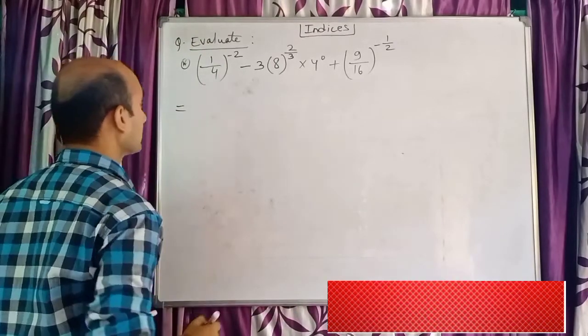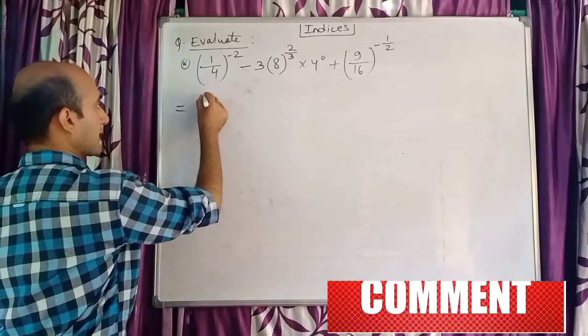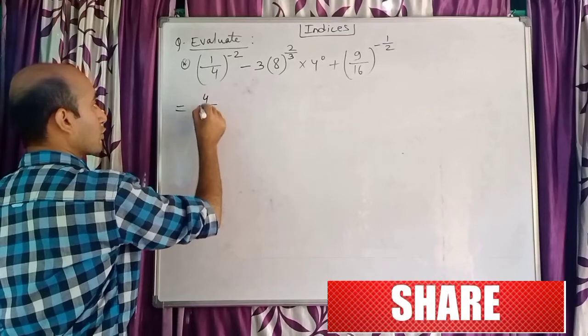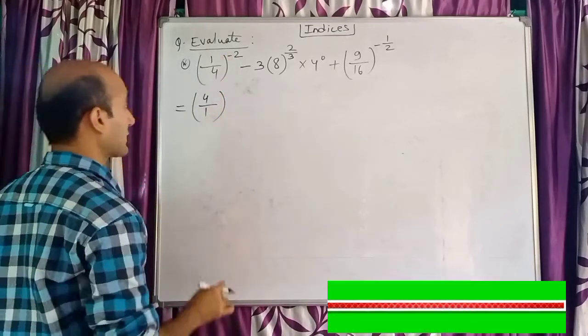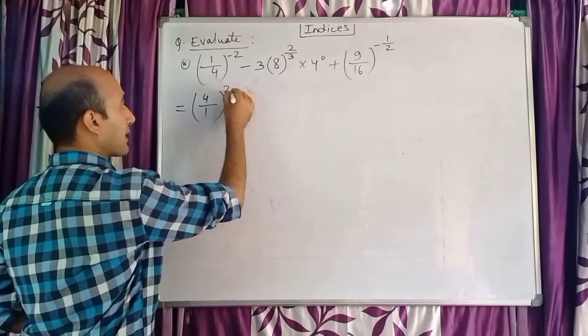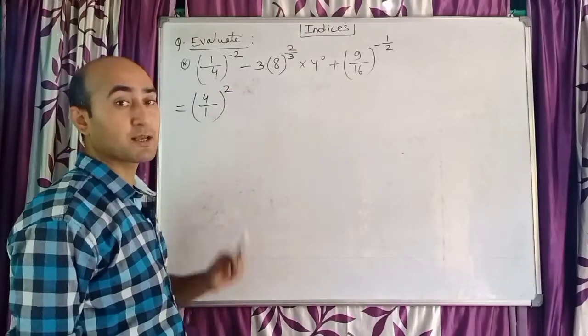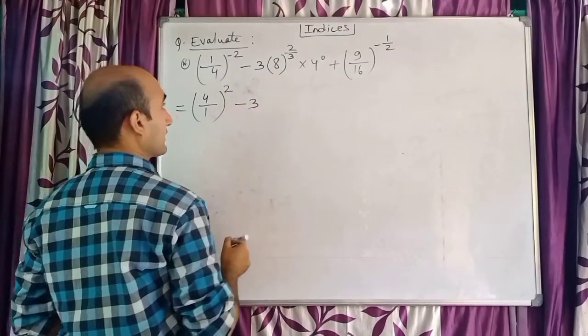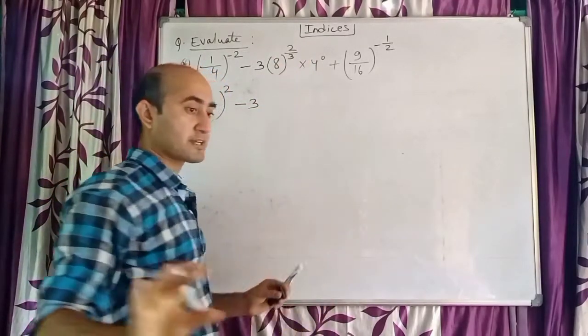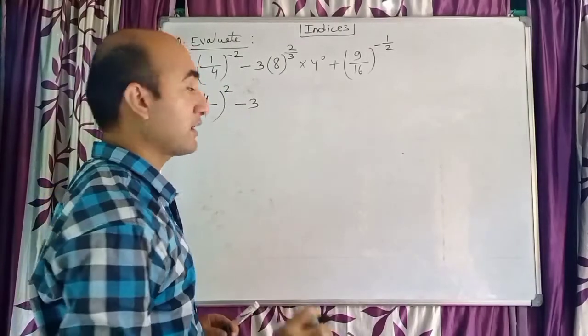So first of all I will try to make it a positive power. So 1 by 4, interchanging numerator and denominator, becomes 4 by 1, and the power will now be not minus 2 but plus 2. Next, minus 3, as the power is positive.